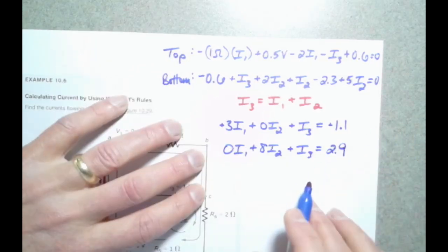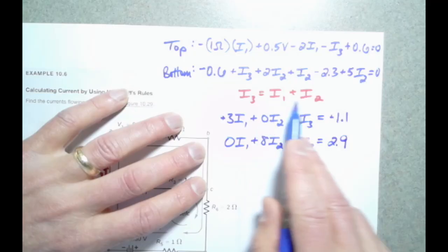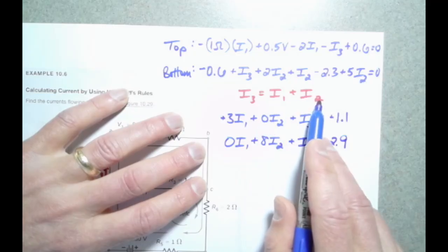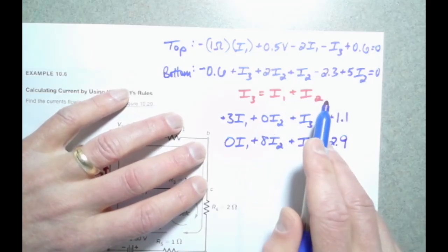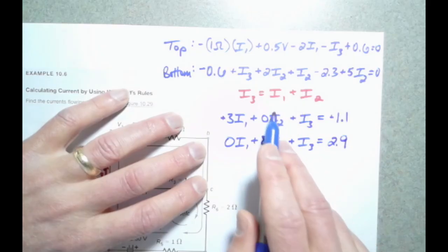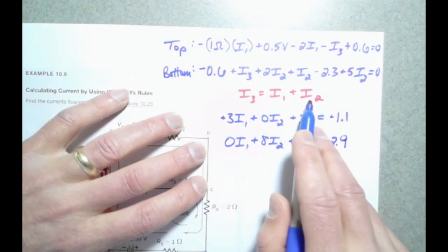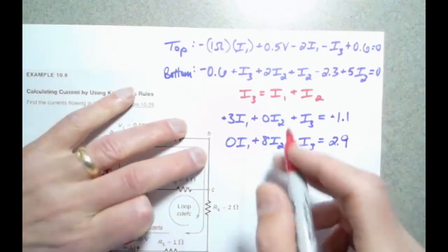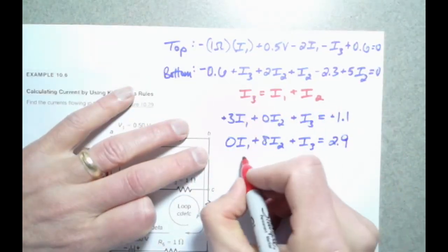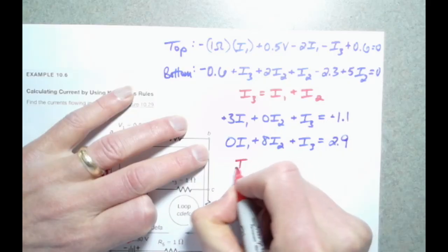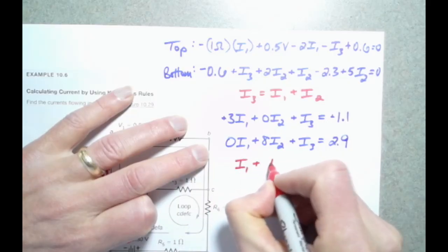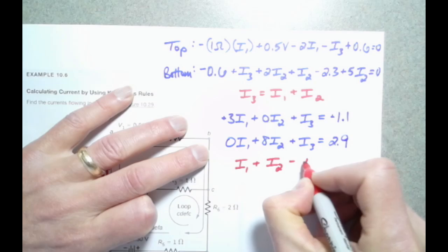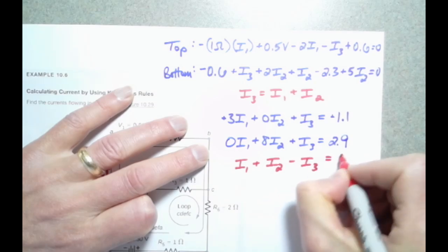Okay, and lastly, I need to do this equation right here. I need to get it in the same exact form. Okay, so I can move I3 over here, or I can move I1 and I2 to the other side, but we'll just do I1 and we'll move I3 over. So that way we get I1 plus I2 minus I3 equals 0.